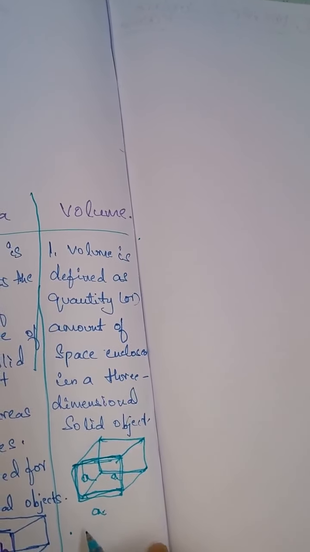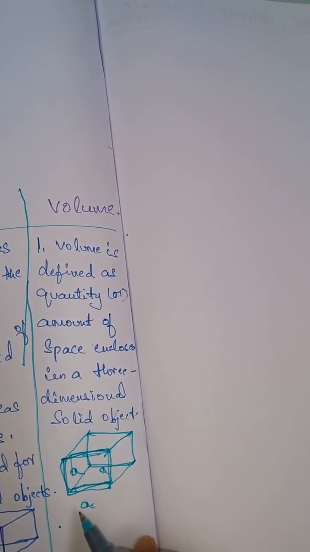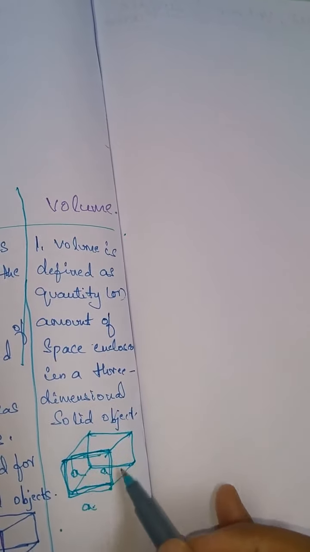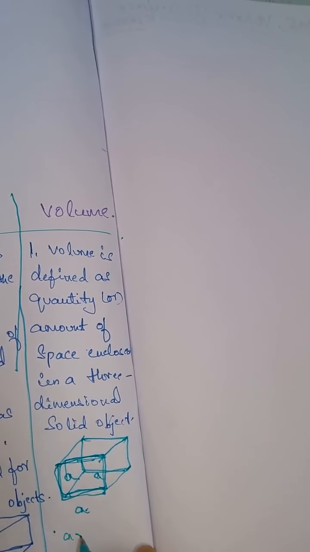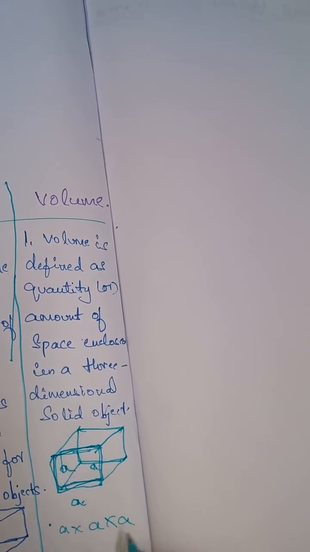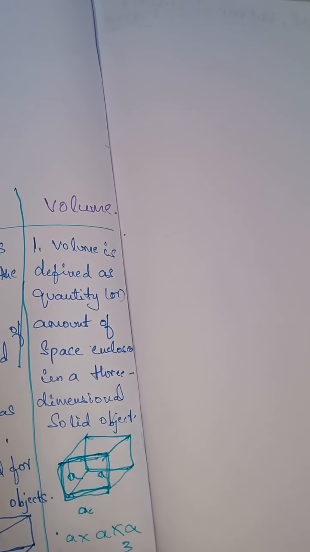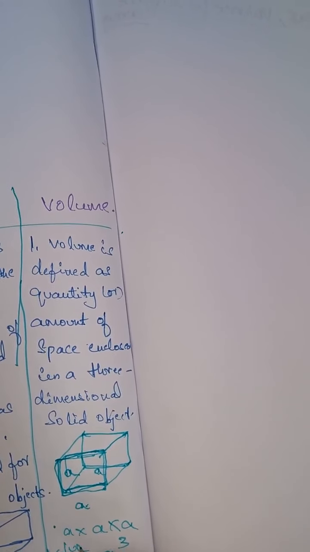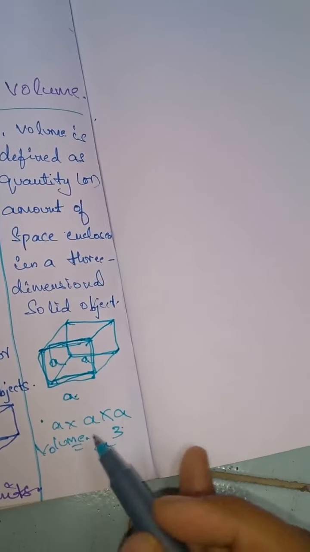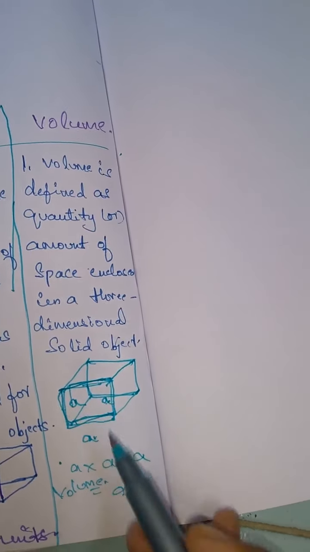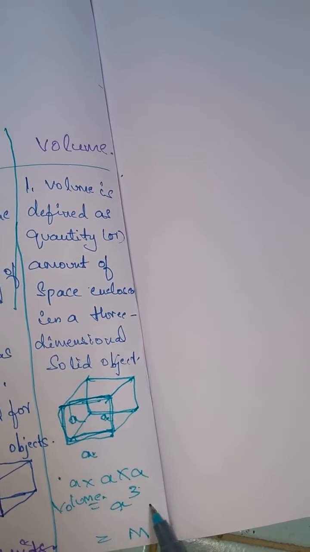That much amount of matter is present in that solid three-dimensional object. So volume becomes A into A into A, that is A cube. So it is measured in cube units. Meter into meter into meter becomes meter cube.